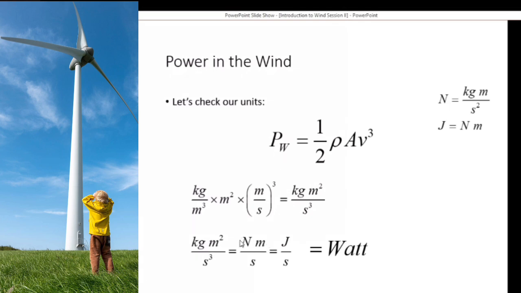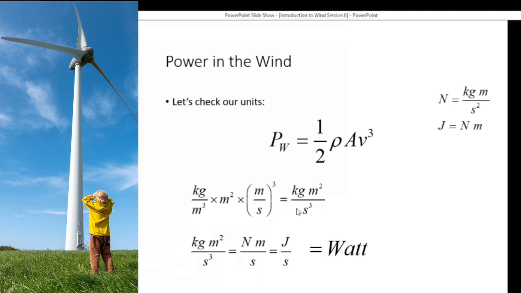Those are just Newton, which can be written as kilogram meter per second square. So kilogram meter per second square can be replaced by Newton, remaining with meter and the second, and the Newton meter is force times distance, which is the formula of work.